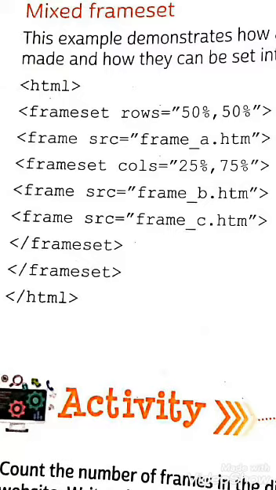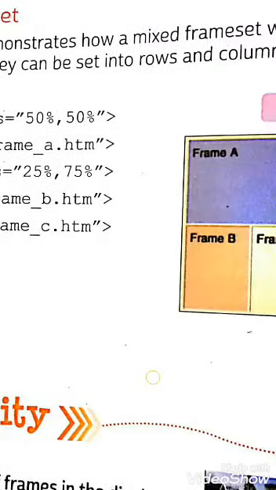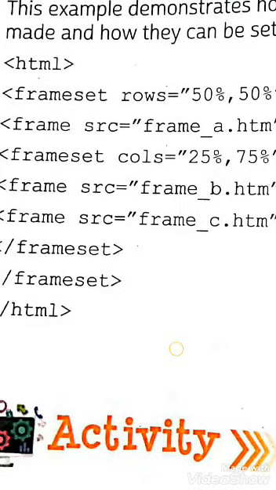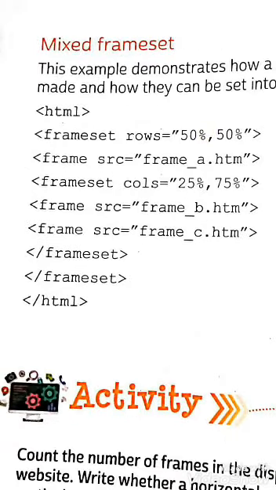Then frame src, that is frame underscore a dot html. And after that, now we have set columns. We have here two columns, one is 25%, one is 75%. See the width, this one is a little small, but frame C is very wide. That's why the size has been given 25% and 75%.